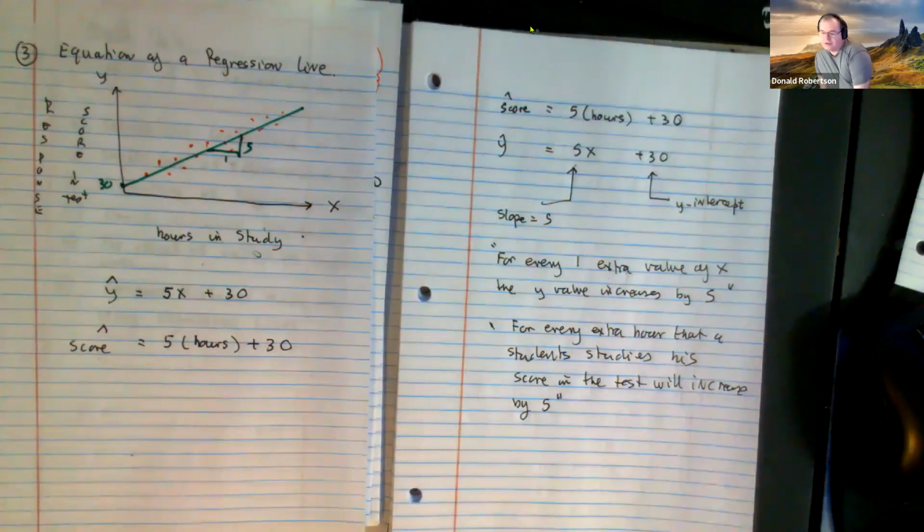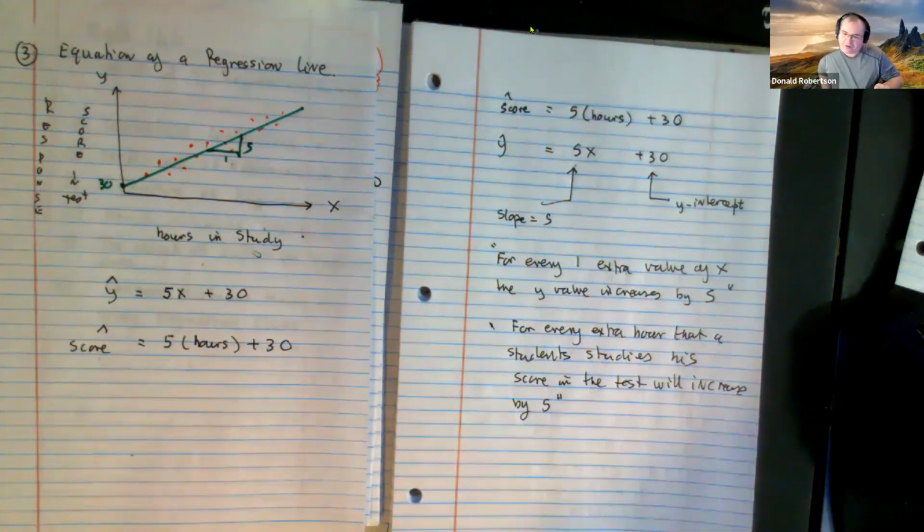Does that make sense? So the slope is giving you a kind of cost-benefit analysis of studying, right? If I can get an extra hour of study, I'll probably get about 5 more points. If I can get an extra 2 hours of studying, I should be able to get 10 more points, up to a realistic limit.